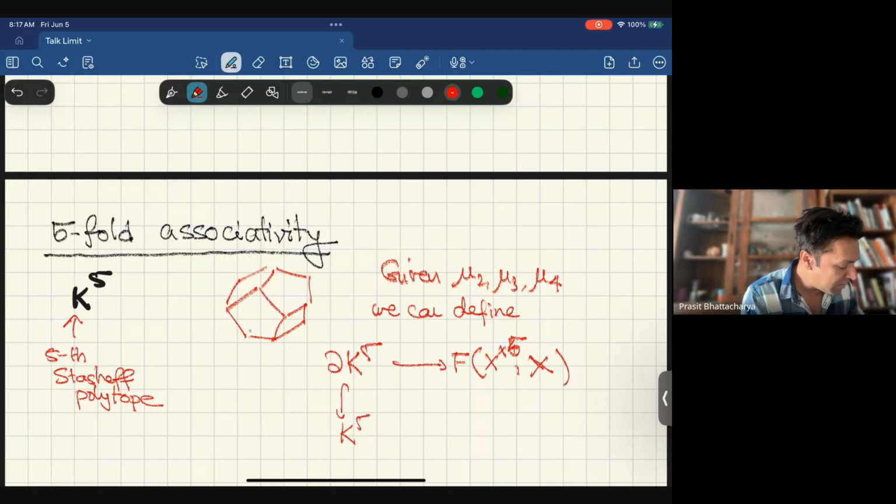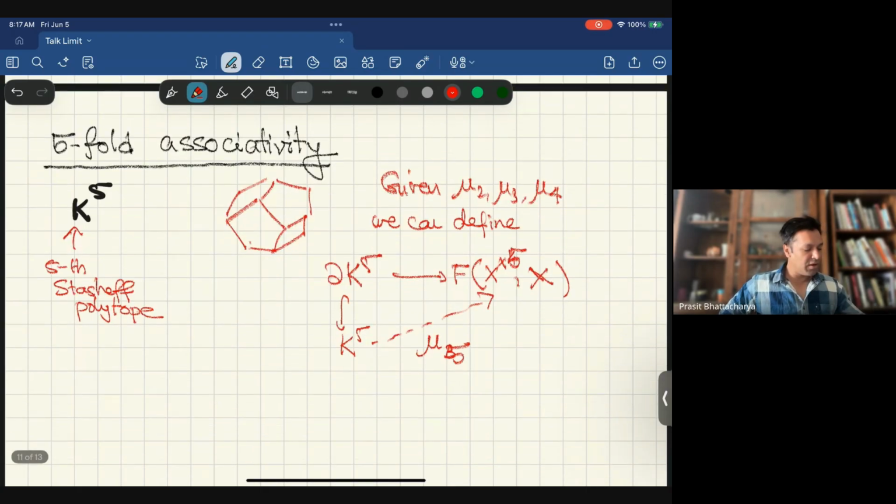However, we cannot really fill in, and if I can, mu5, then we call x an A5 H space, meaning fivefold associative. And if you can fill in all the way, then you call this A infinity. That is in the homotopical world, that's the closest you can get to being strictly associative.